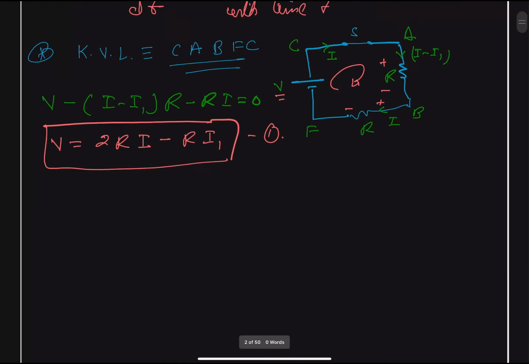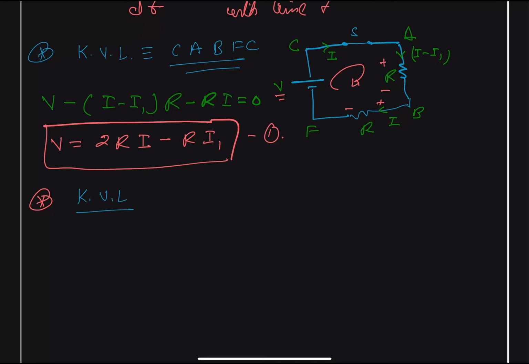And similarly, we can use KVL in the second loop. Let me draw it.